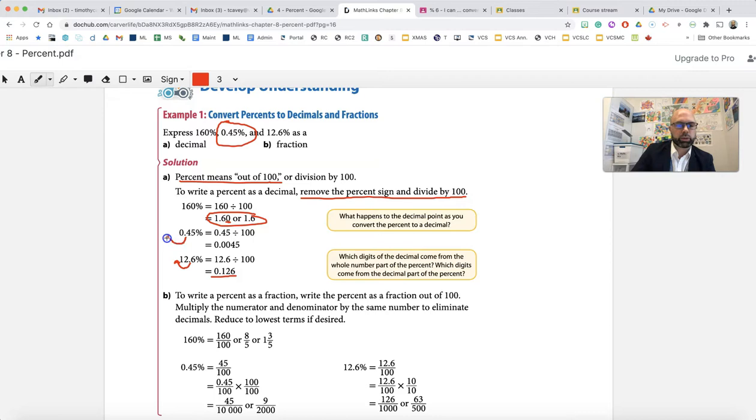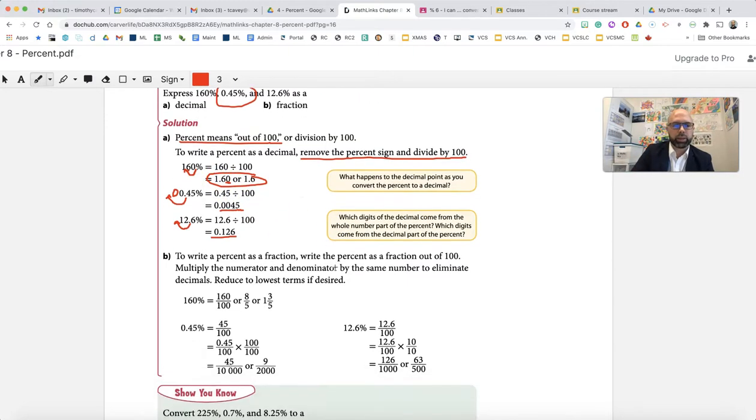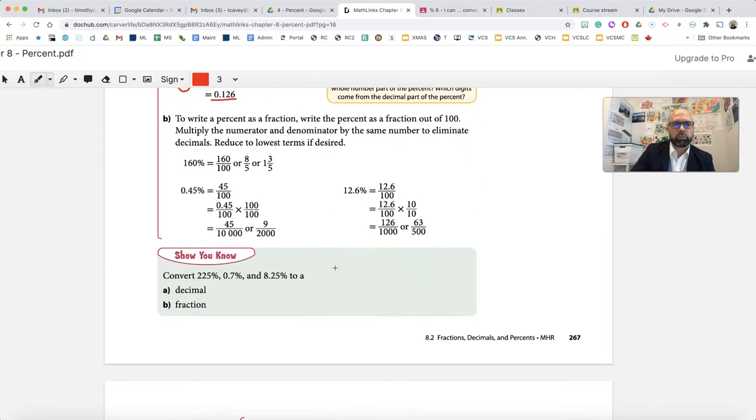For 0.45%, we move the decimal twice to the left, add a 0, and you've got 0.0045. Same thing with 160%: move the decimal 2 places to the left. If there's no decimal, it's an invisible decimal right there, and that gives us 1.6. We should have started with that hack right at the top.